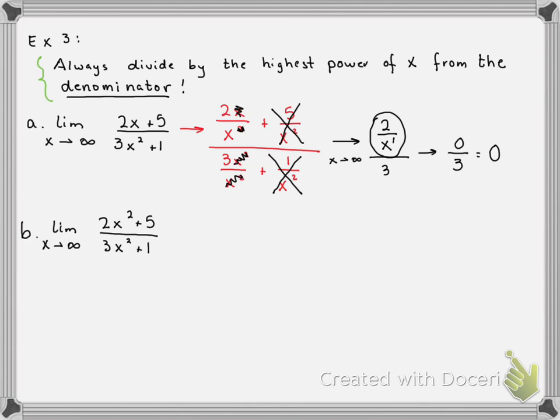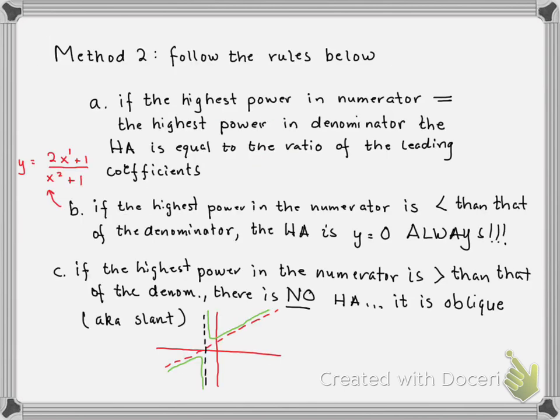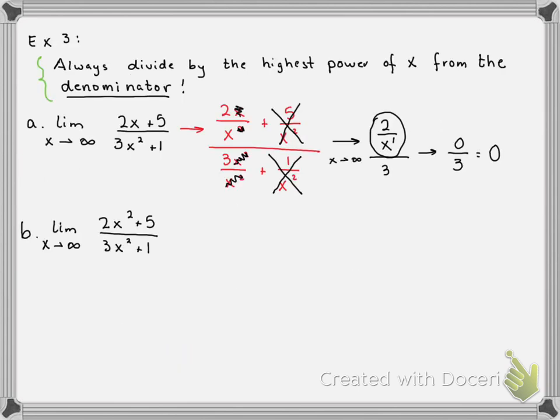Now remember, when we go back to our rules, B says if the highest power in the numerator is lower than that of the denominator, the horizontal asymptote is always y equals 0. It just so turns out that the power in the numerator is 1, while the power in the denominator is higher than that. That's why the limit is 0.